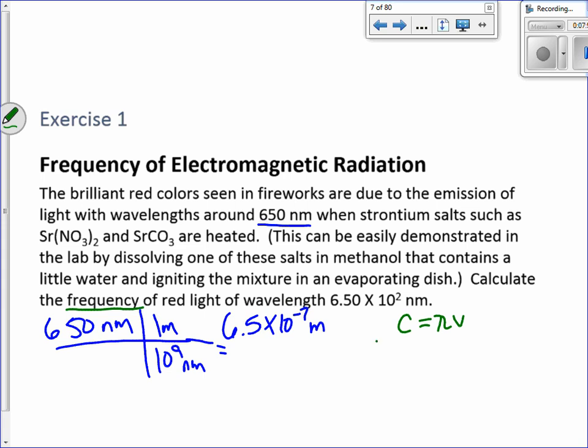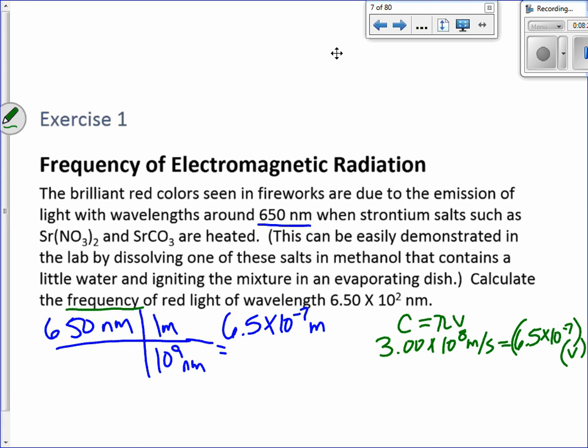So you would just plug in your 3 times 10 to the 8th meters per second, and your wavelength, 6.5 times 10 to the -7, times your frequency, and divide, and you quickly get your frequency. This equation, like I said, is on the formula sheet. You aren't expected to memorize it. You just need to be able to work the problem. And in your problem set, you'll have some of these in the beginning as well.